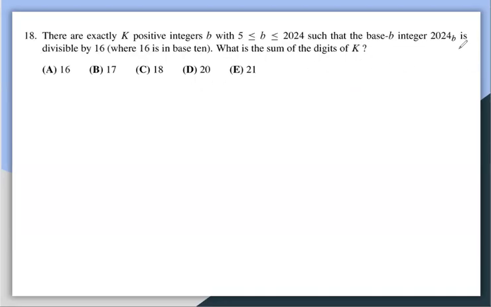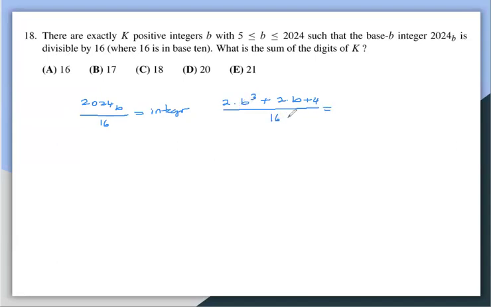It is kind of obvious, but let's rewrite these in base 10. We are told that the integer 2024 in base b is divisible by 16, so when I divide it by 16 it is going to be an integer. Converting to base 10, that is 2 times b to the third, plus 0 times b squared, plus 2 times b, plus 4 times b to the 0, all over 16.